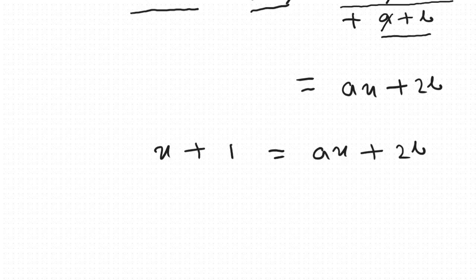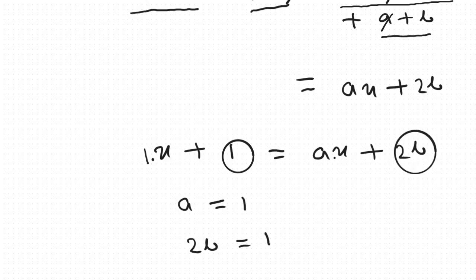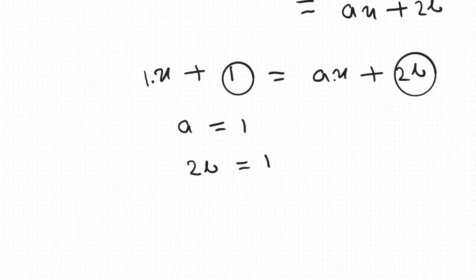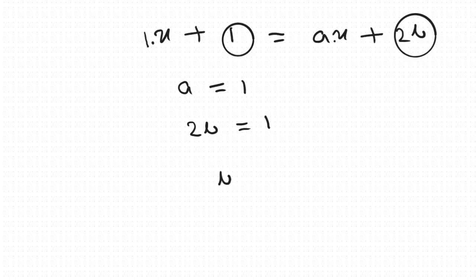Considering the coefficients of x, since x has coefficient 1 on the left side and coefficient a on the right side, we can write a equals 1. And 2b equals 1, because the constant on the left side is 1 and the constant on the right side is 2b. So 2b equals 1, and we get b equals half.